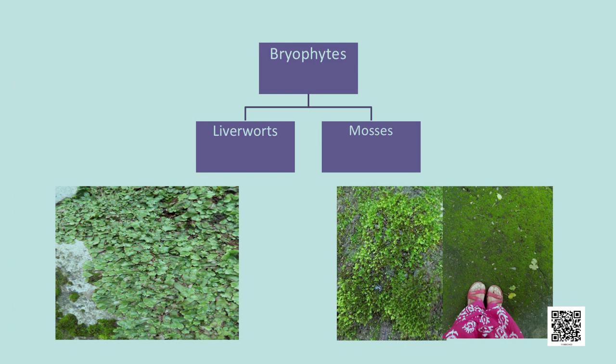The liver comes from a Greek word hepata, which means liver-like, and wort means small plants. Thus, these plants are called liverworts. I hope you must have seen green color plants in your moss stick, which is used to give support to your money plant. Yes, this is one of the second group of bryophytes called moss.